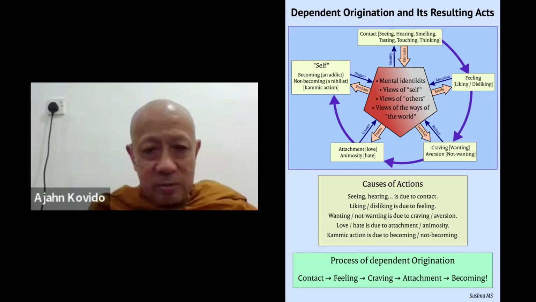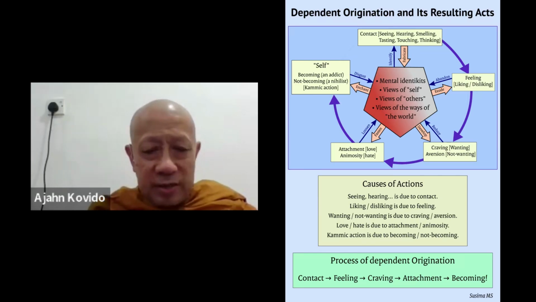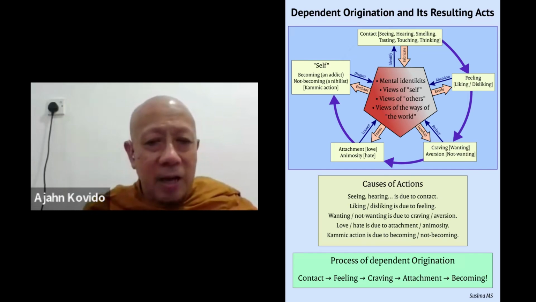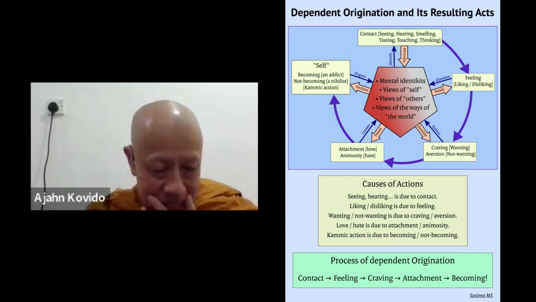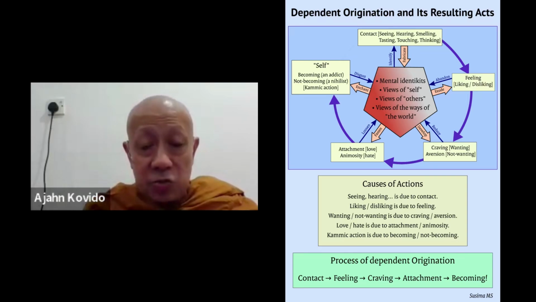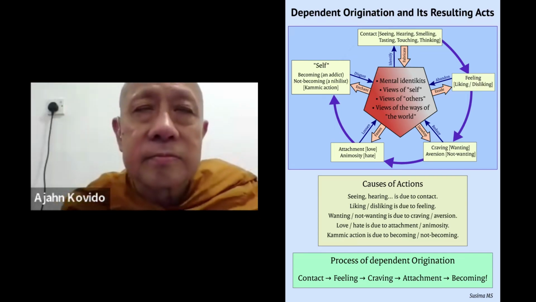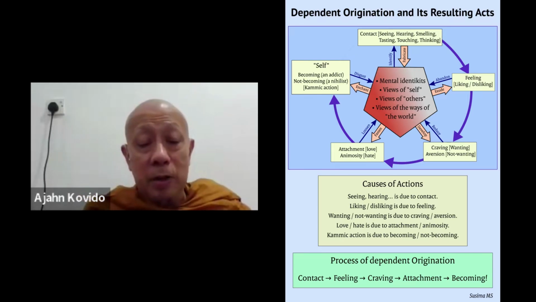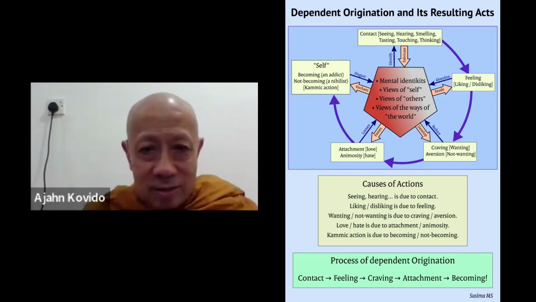So, depending on contact with the mental identity, feeling arises. Depending on feeling, when it's strong, it becomes craving, or it goes to aversion when the feeling is disliked. When craving is strong, it becomes attachment, or clinging. You cling to it. When the attachment is strong, there is becoming. Say, for example, you like something, and then you crave it, wanting it.